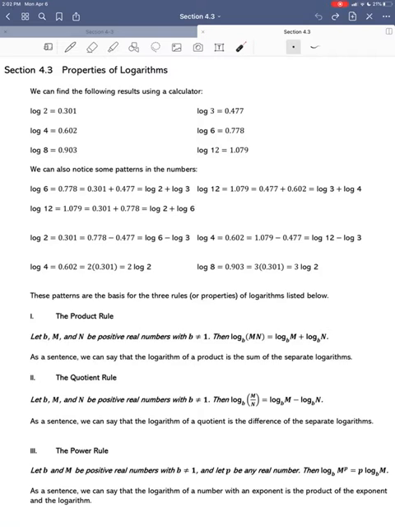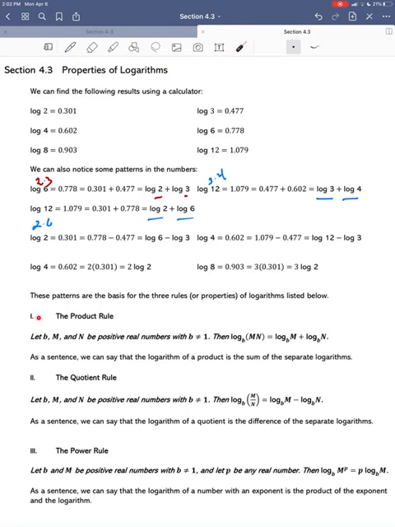And of course, what we notice here then, 6 is 2 times 3, and it's log of 2 plus log of 3. 12 is 3 times 4, and it's the log of 3 plus the log of 4, or 12 is 2 times 6, and that's the log of 2 plus the log of 6. So when I look at that, that's where this product rule comes in below.